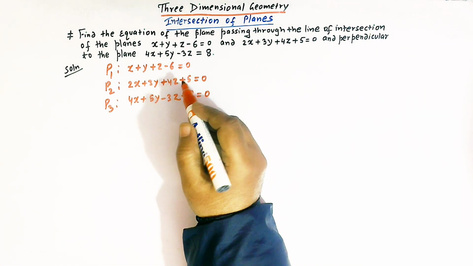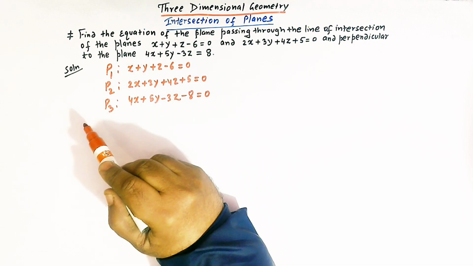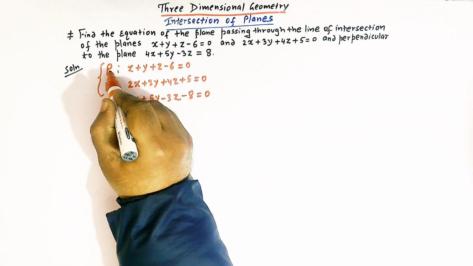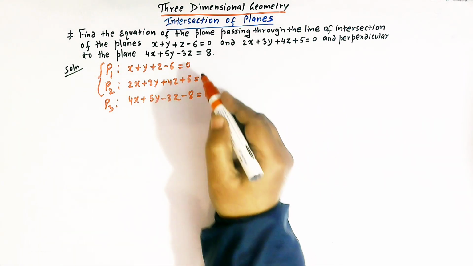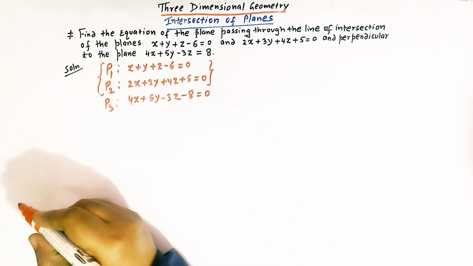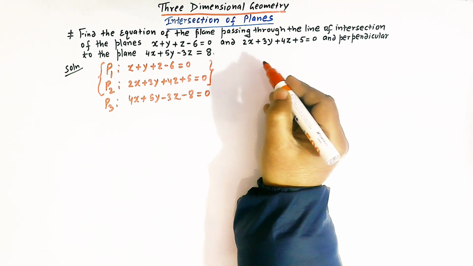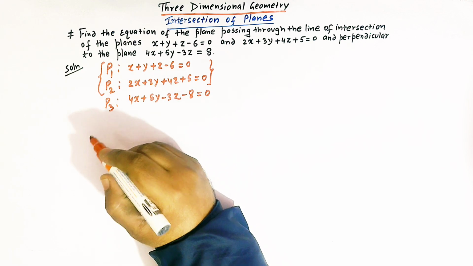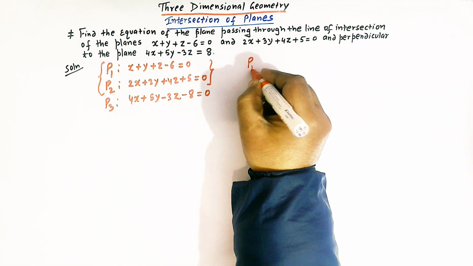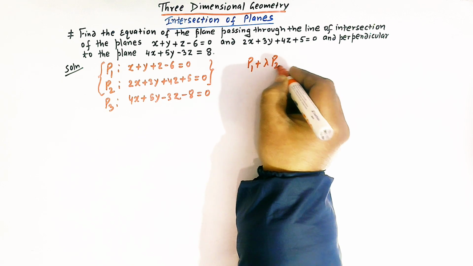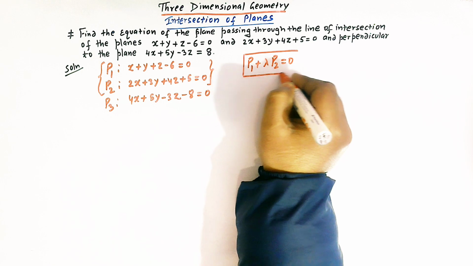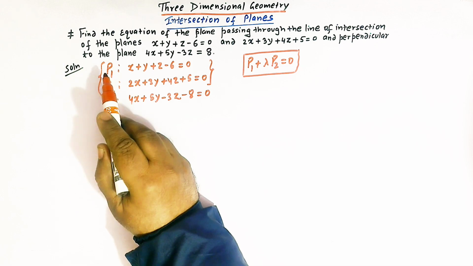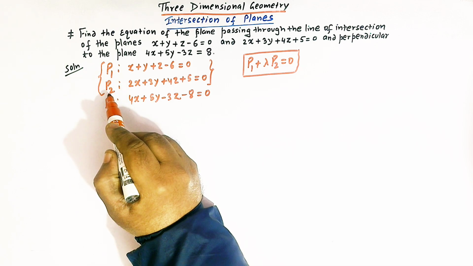What we have to do is first find the equation of a plane which passes through the line of intersection of these two planes. Suppose we have two planes P1 and P2. The equation of the plane which passes through the intersection of P1 and P2 is given by P1 + lambda times P2 = 0.